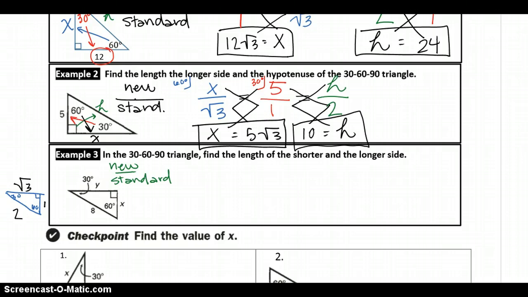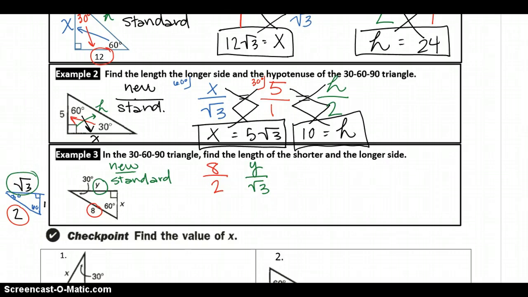So let's set up our ratios. If we set up the ratio of our hypotenuse in each one, our new hypotenuse is 8, and our standard hypotenuse is 2. Okay, let's look at these side lengths across from the 60 degrees. In our new triangle, we have a length of y, and in our standard triangle, we have a length of square root of 3.